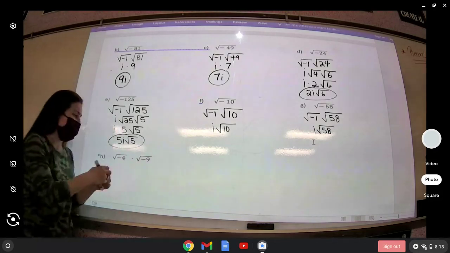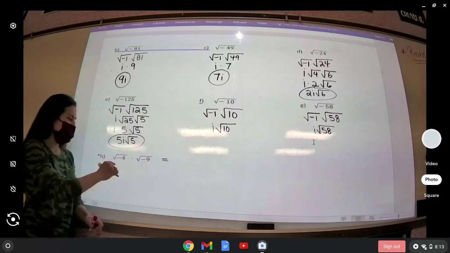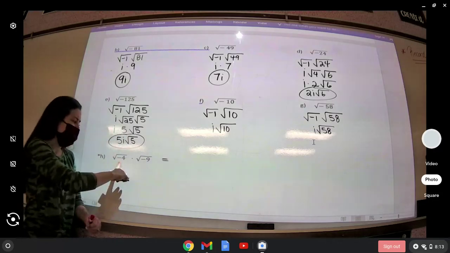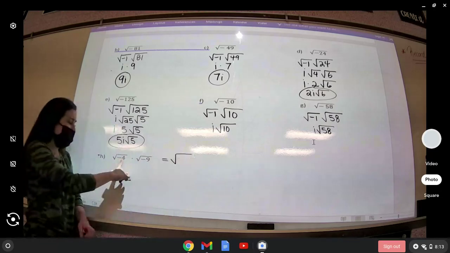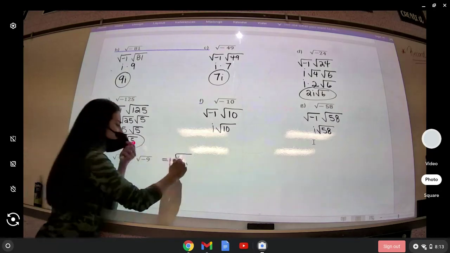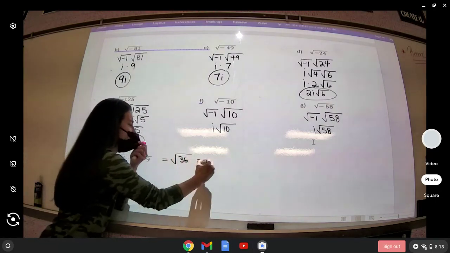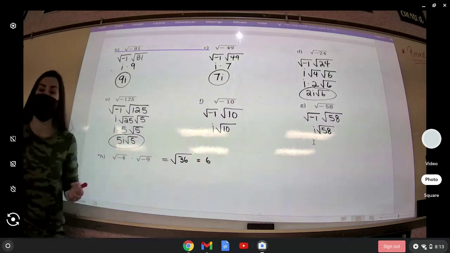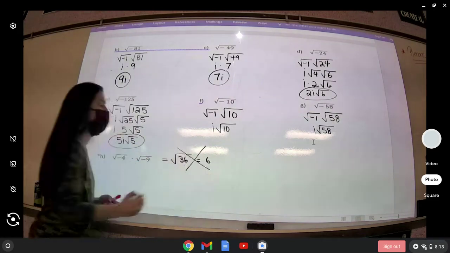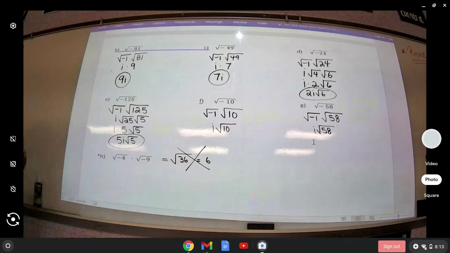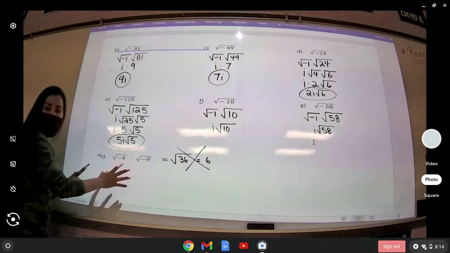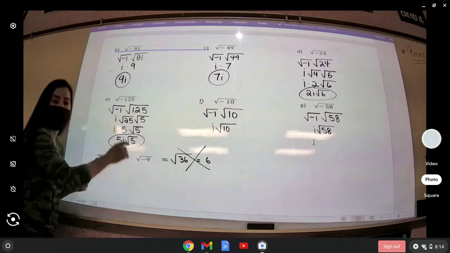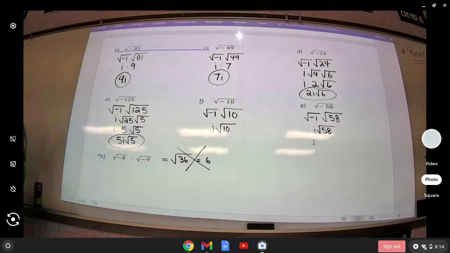I don't want you guys to say, oh, look, the square root of -4 times the square root of -9 is the square root of -4 times -9, which is positive 36, and now the answer is 6. I don't want you guys to do that because that's wrong. Because we know that there are definitely some i's, some imaginary numbers involved with the square roots of these numbers.